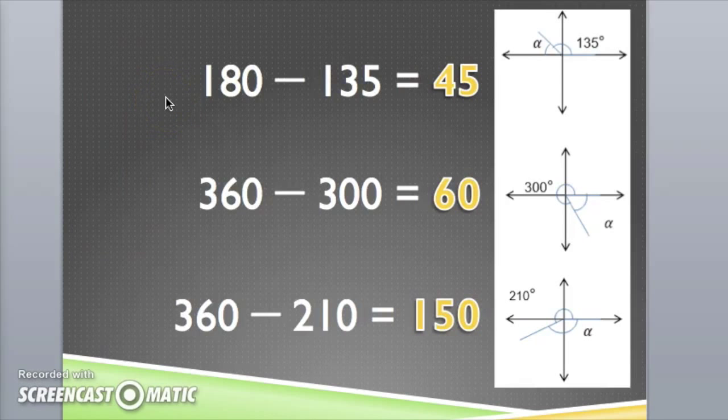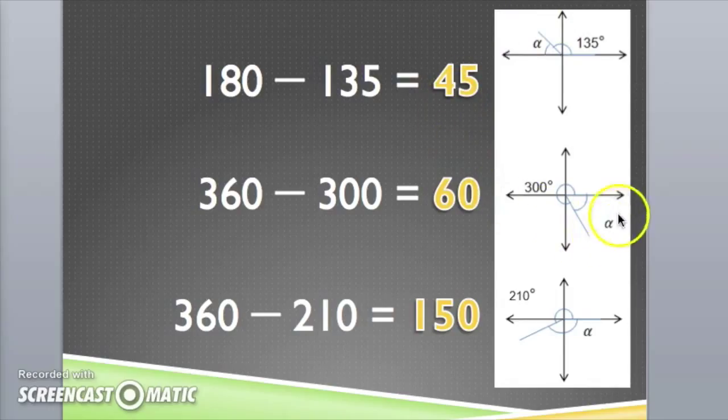For this exercise, we just made a subtraction. In the first case, for getting a 180 degrees angle, we had 180 minus 135 equals 45. So A equals 45.